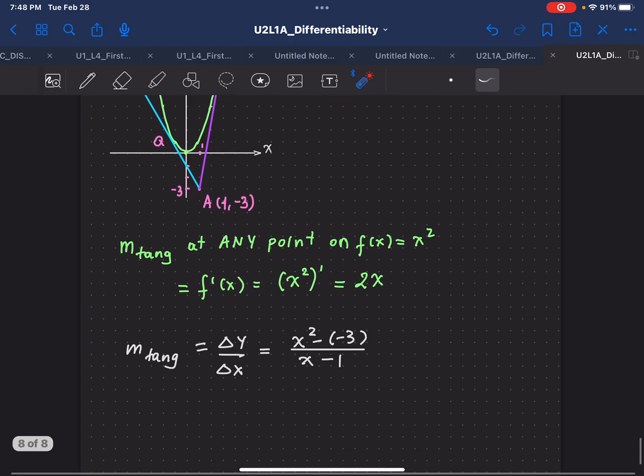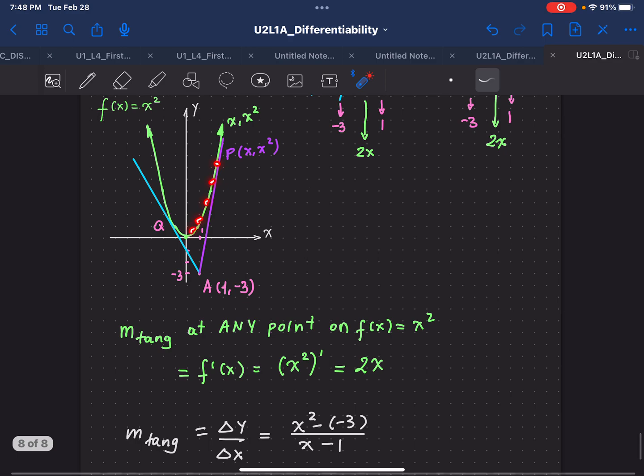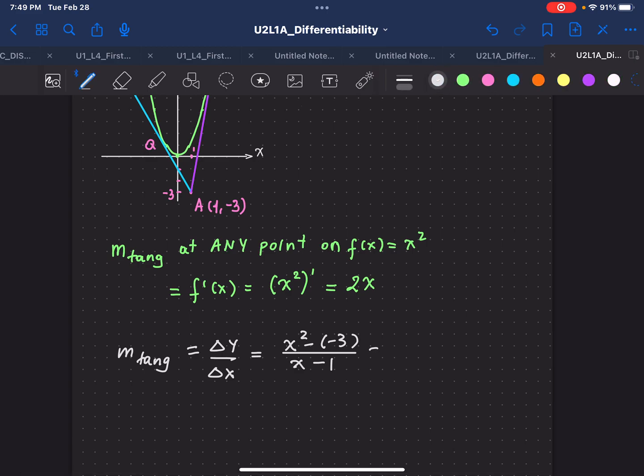Now, 2x will be the slope of the tangent at any point on the parabola, so it doesn't matter where they pass through. But let's write this in more simplified form, so x squared plus 3 over x minus 1. So this will represent the slope of the tangent that passes through the point A, which is 1 and -3.